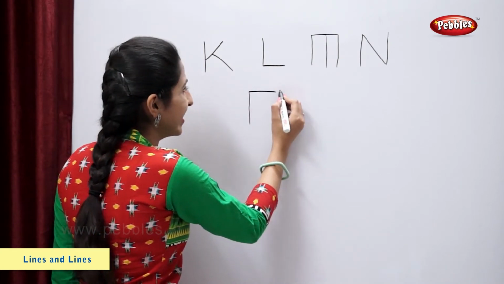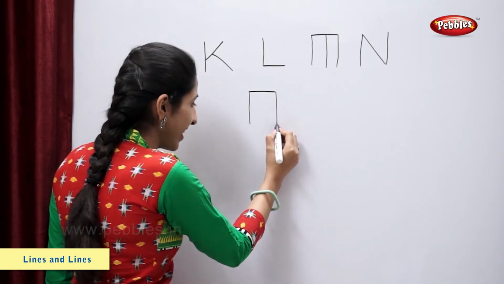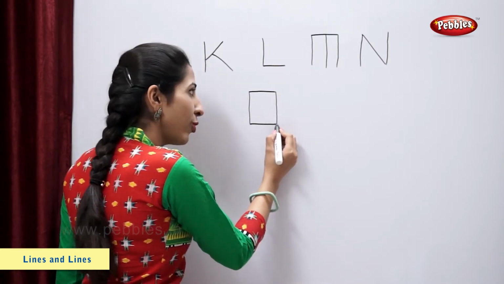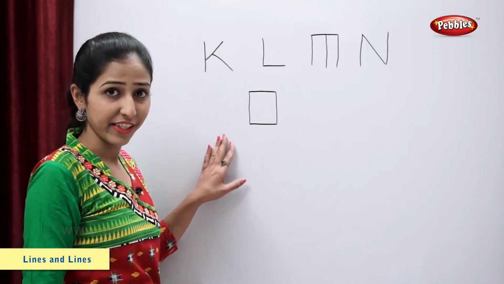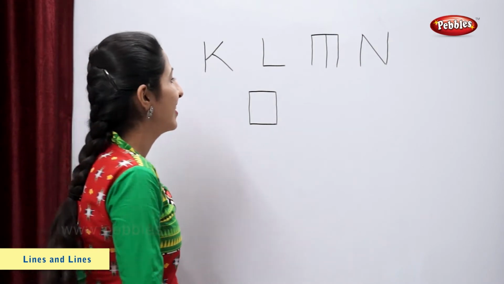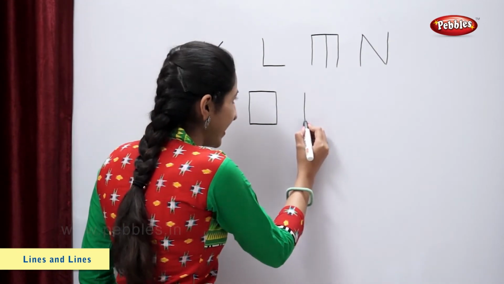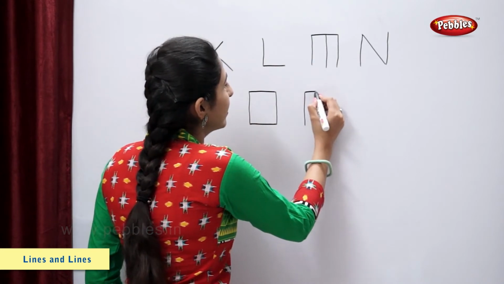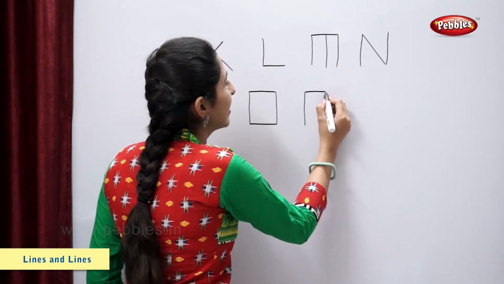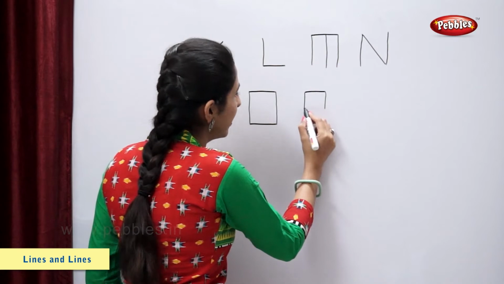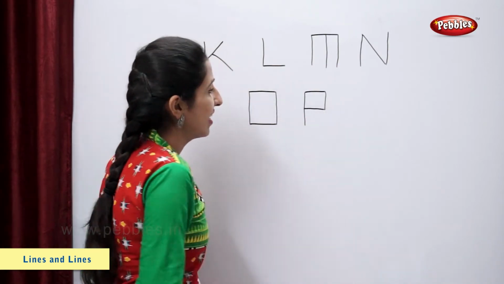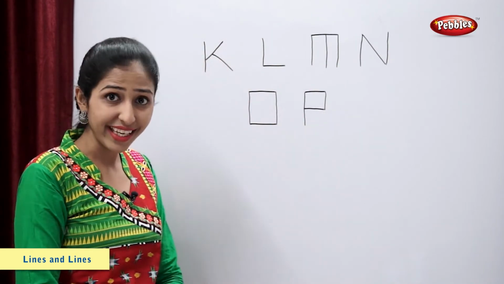A sleeping line. Standing line. One more sleeping line. Letter O. Standing line. Sleeping line. Standing line. Sleeping line. Letter P.